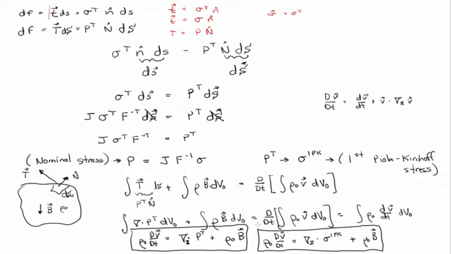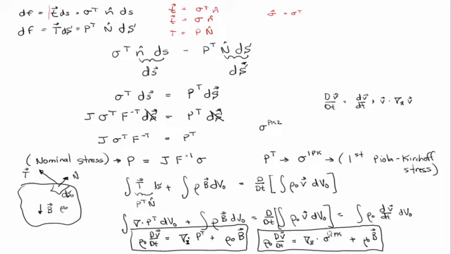Remember I said that this thing is not symmetric, right? So we can actually make it symmetric, or we can define a symmetric stress tensor by multiplying the nominal stress, and we'll call this PK2.